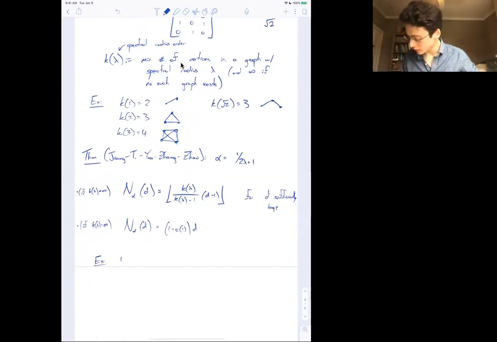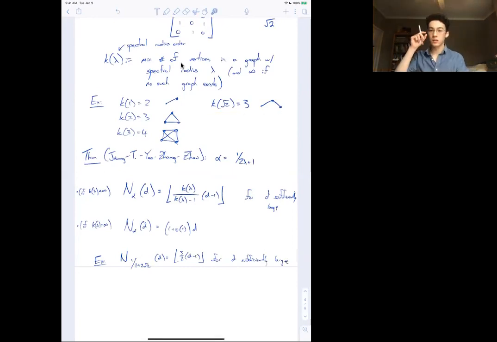One more example, like if I want to know n of 1 over 1 plus 2 root 2 of d, well, it turns out it's equal to 3 halves d minus 1 for d sufficiently large, because of this computation earlier.